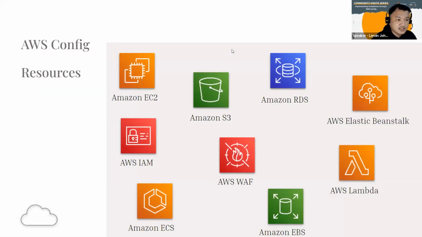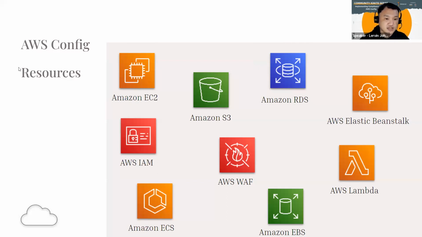Okay, so AWS Config resources. When we say resources, ito yung AWS resources na gusto nating i-undergo into AWS Config. So kung ano man yung resources na i-define natin, yun yung monitor and e-evaluate ni AWS Config. So for compute services, we have here EC2, Elastic Beanstalk, ECS, and Lambda.